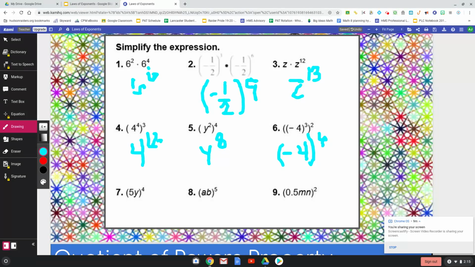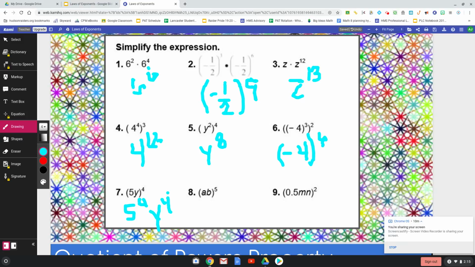All right, moving on to number 7. We have 5 times y raised to the 4th power. To simplify this, we are going to raise 5 to the 4th power and then y to the 4th power. You could simplify this even more and do 5 to the 4th power in your calculator to get that equivalent to 625.